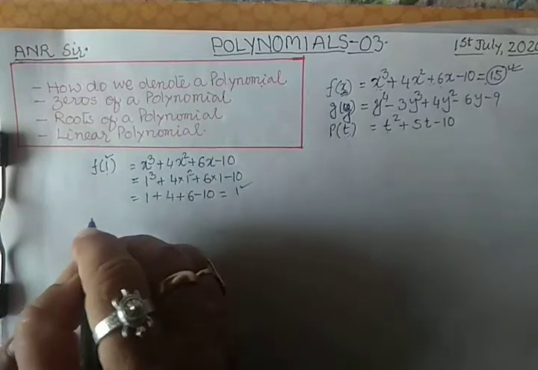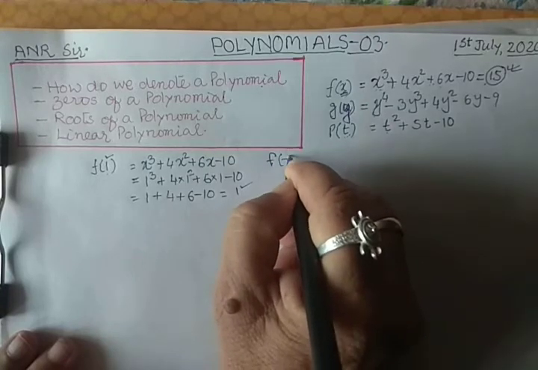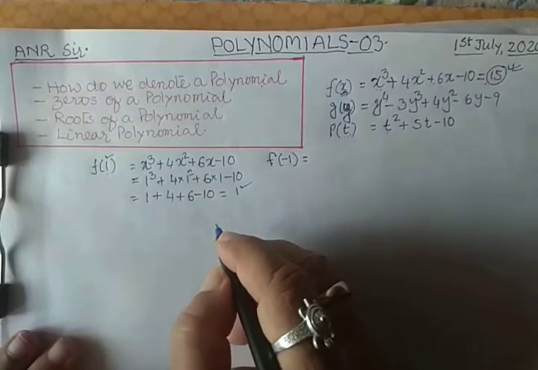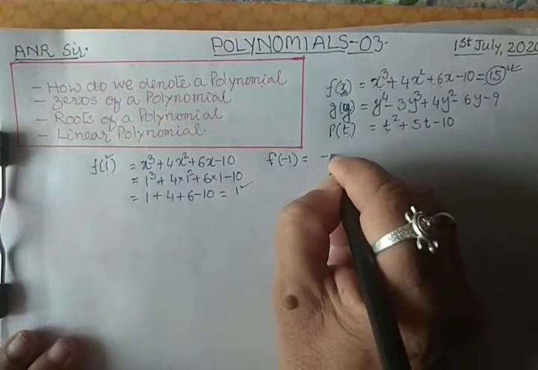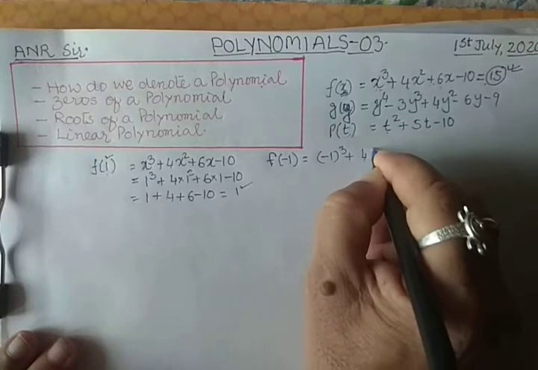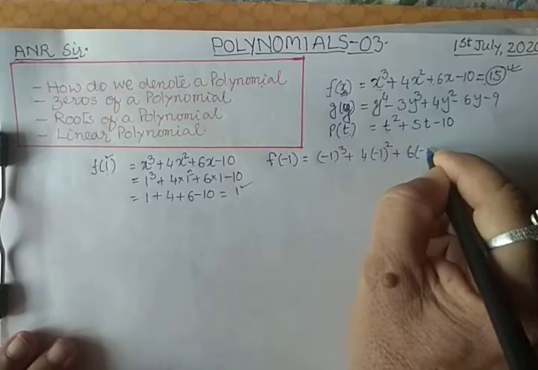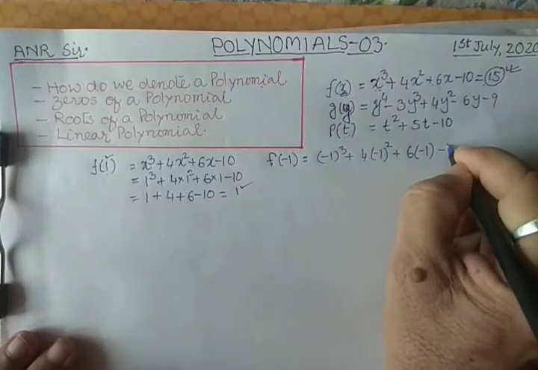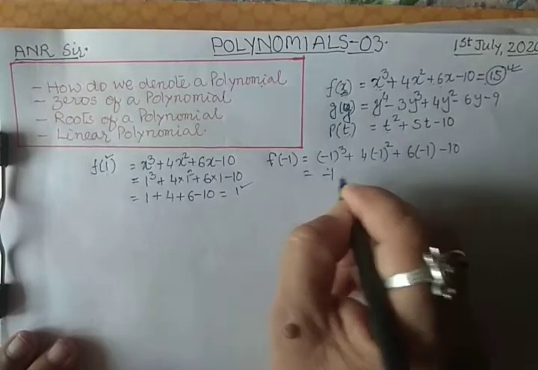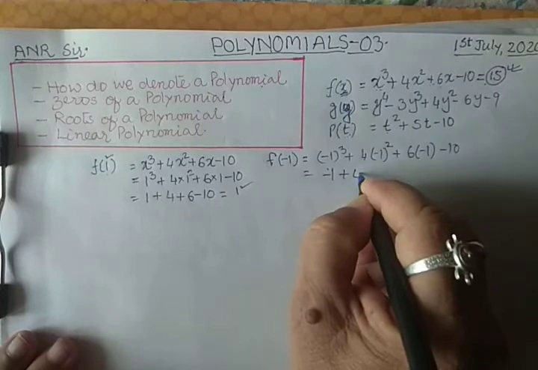Clear? Now let us do one thing. Let us take input as minus 1 and let us see how much output we get. So minus 1 whole cube plus 4 into minus 1 square plus 6 into minus 1 minus 10. Minus 1 whole cube means minus 1. Minus 1 square means plus 1, so plus 4.